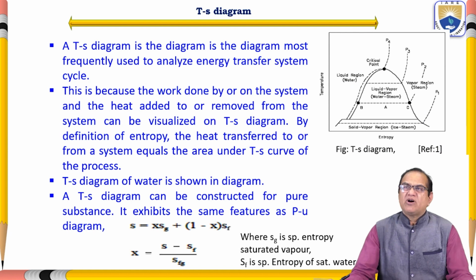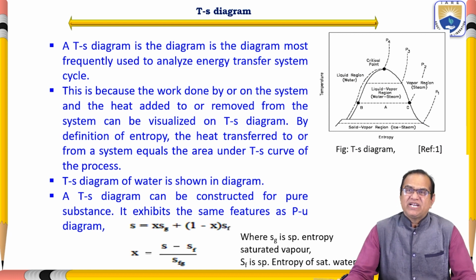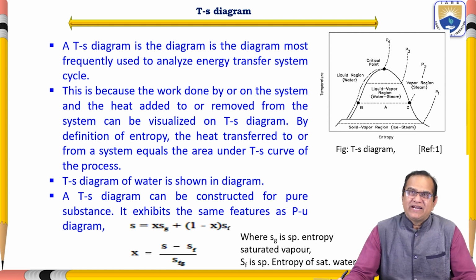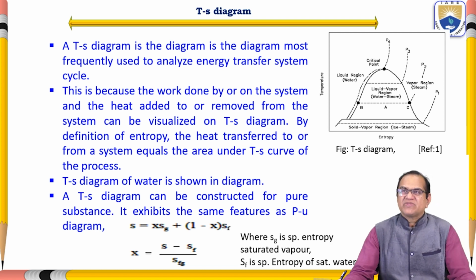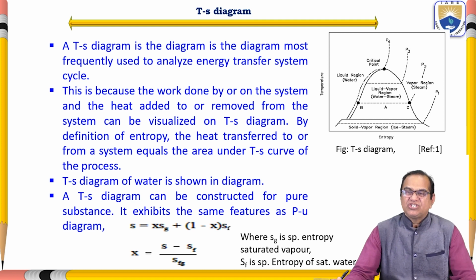Now I will discuss the temperature and entropy diagram, and we have discussed a lot in module 2 what entropy is and how to find out the entropy, but how to represent it in a plot, in a chart.